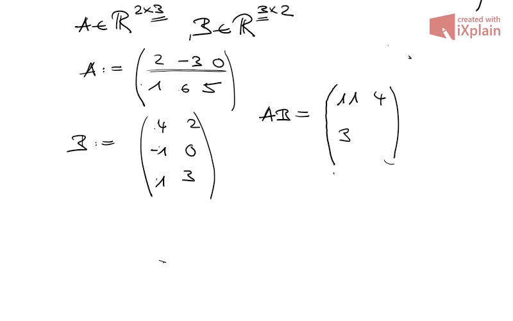Then again, you do it for the last combination. So 1 times 2 plus 6 times 0 plus 5 times 3, that's 15. So you get 17.